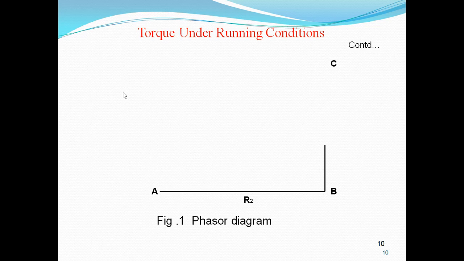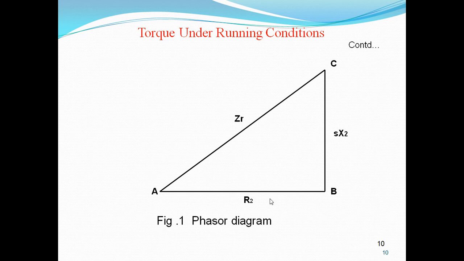To draw the phasor diagram, R2 is on the x-axis, that is AB. sX2 is the reactance under running condition, and AC is the impedance, that is Zr under running condition.